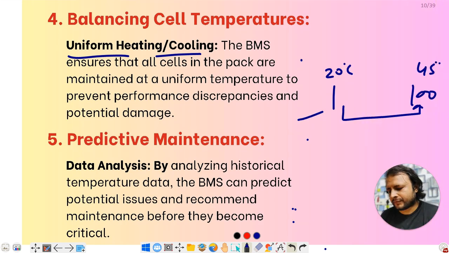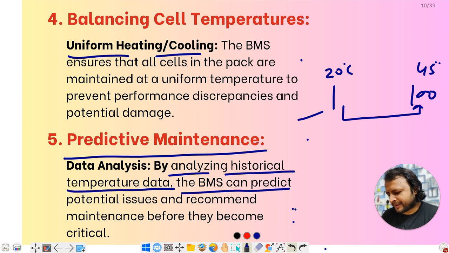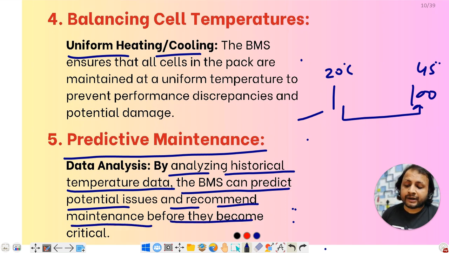Suppose how it is predicting the maintenance. Data analysis: by analyzing historical temperature data, the BMS can predict potential issues and recommend maintenance before they become critical. See, because when you operate a vehicle, you can see the digital dashboard in front of you, and there you can see many indicators. Some are for high temperature, some for service, some for cooling problems.